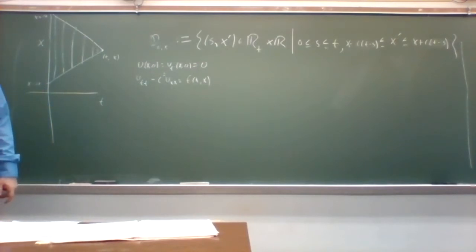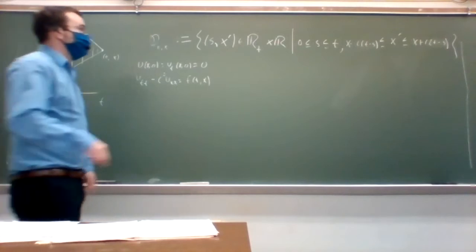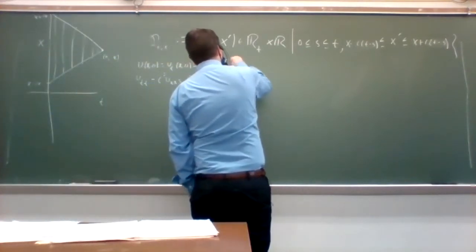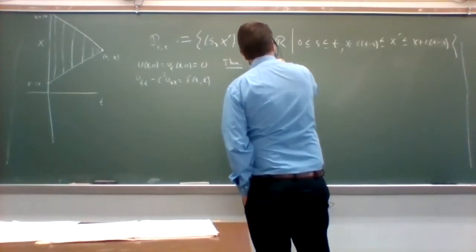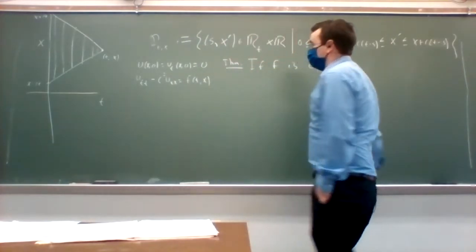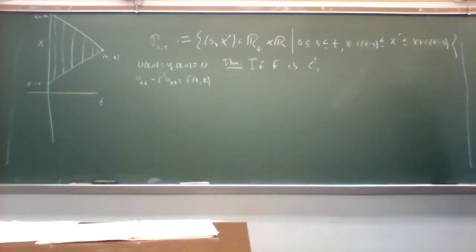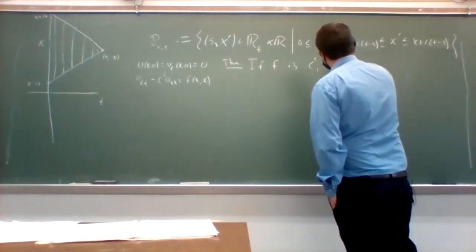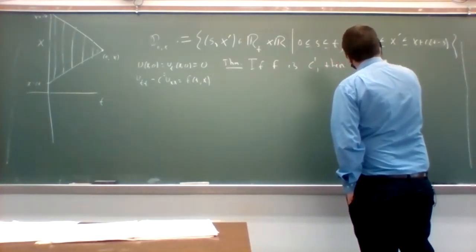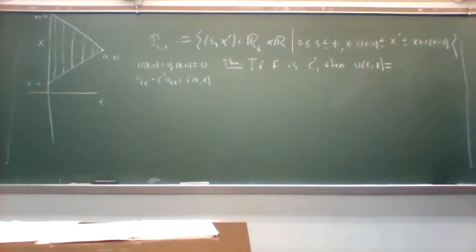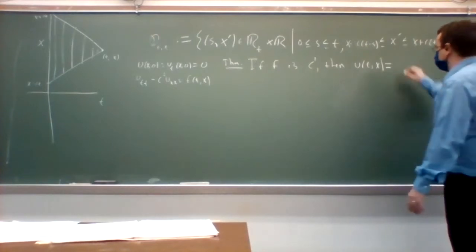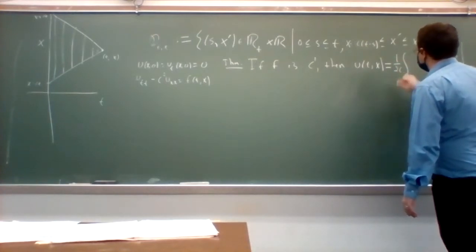And the theorem basically says the following: if the forcing function is C1, so both partial derivatives exist and are continuous, then the solution to that initial value problem is this formula.